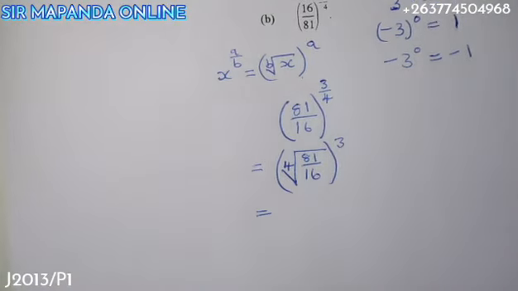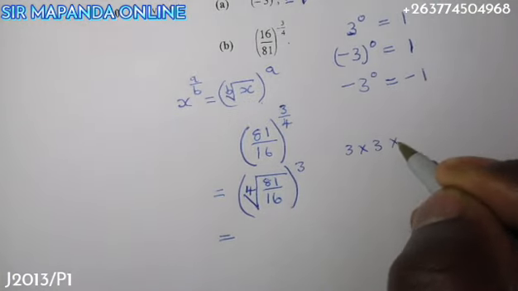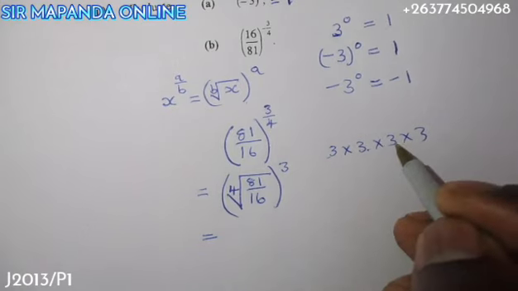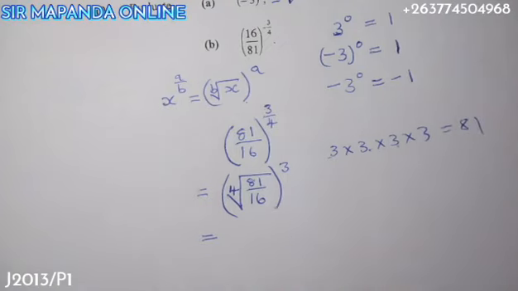What is the meaning of 4? Find a number which multiplies itself 4 times to get 81. So if we have 3 times 3 times 3 times 3, 3 times 3 is 9, 9 times 3, 27, 27 times 3, you get 81. So a number which multiplies itself 4 times to get 81 is 3.